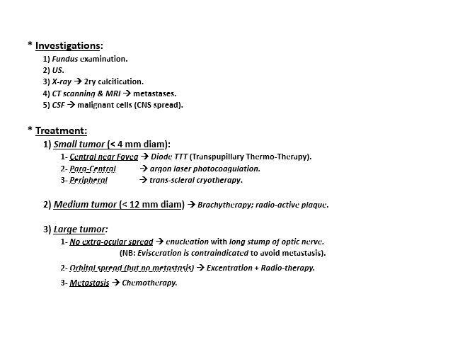If the tumor size is medium, meaning less than 12 mm in diameter, the treatment is brachytherapy. It is a radioactive plaque, a disc that we suture over the sclera on top of the tumor.